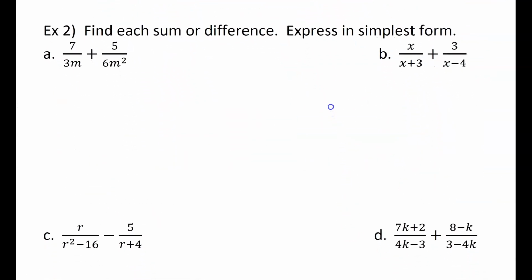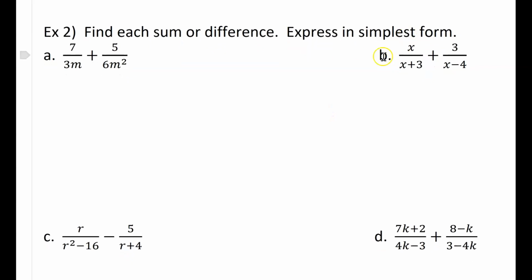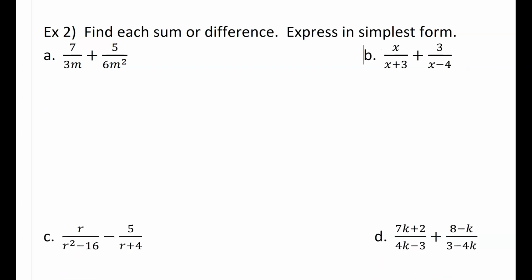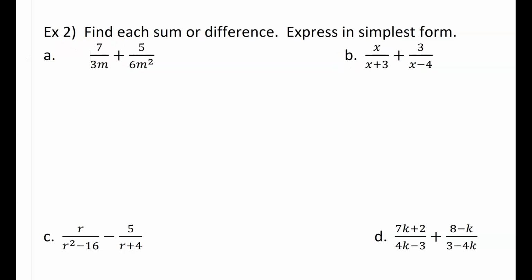So let's look at a couple examples here. Let me move this over some to give me a little bit of space to work with. Okay, so in our first one, we've got 7 over 3m plus 5 over 6m squared. I have both a coefficient to work with and a variable with an exponent on it.